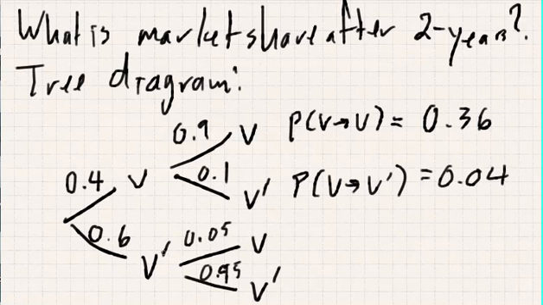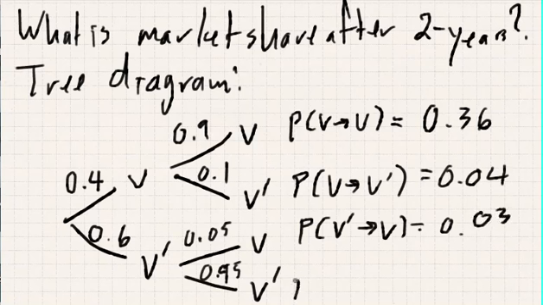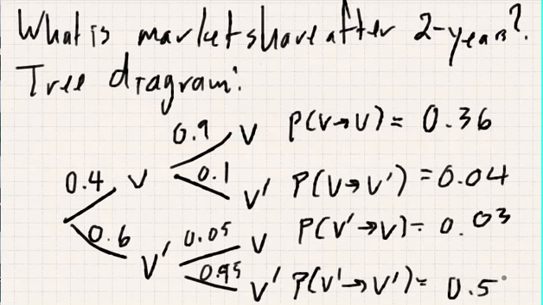The probability that you weren't with Verizon but ended up with Verizon is the product of these two, which is 0.03, and the probability that you were not with Verizon and you decided to stick with somebody else is going to be 0.57. All I'm doing is just multiplying across each of these things.